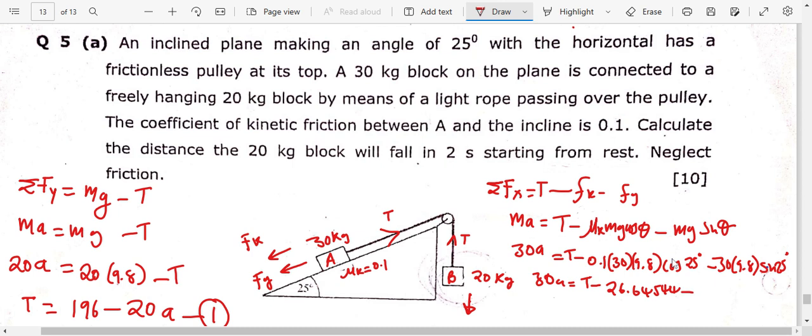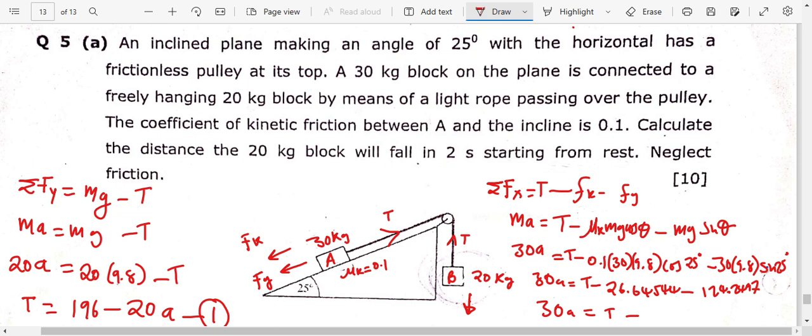Then minus 30 multiplied by 9.8, and then multiplied by sin 25. So that has given me 124.2497. So this will become 30a being equal to tension minus negative 26.6454544 minus 124 point. So that's the value that we have.